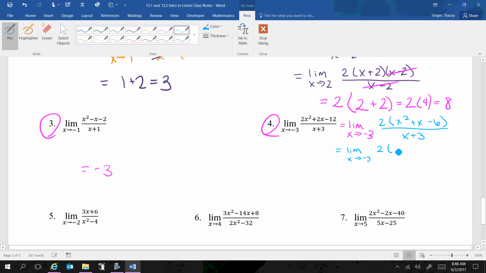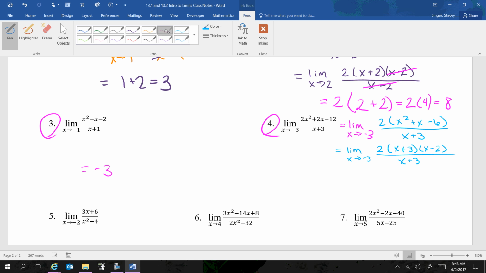So I got 2 times x plus 3 times what would give me my other factor to give me x squared plus x minus 6? X minus 2, right? X plus 3 is still my denominator. So what cancels out? X plus 3 is gone.